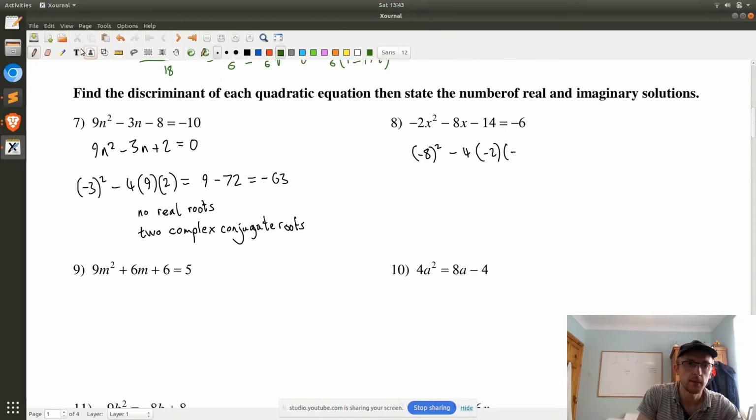Anyway, now we're going to correct this. So, first set it equal to 0. Negative 2x squared, take 8x, take 8 equals 0. Then apply b squared minus 4ac.